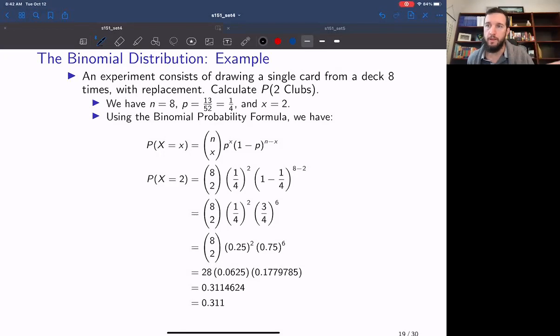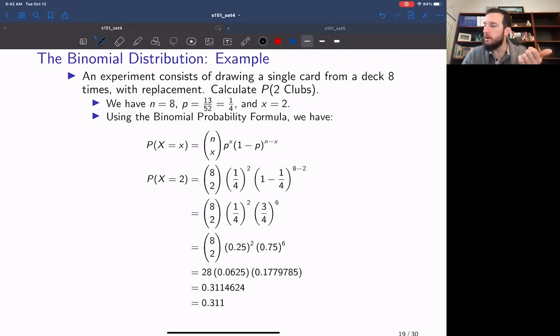The with-replacement aspect is crucial to making each of the trials Bernoulli. If you were not replacing the card, you would change the probabilities of success on each subsequent outcome. That would make the probability of success not constant, and it would make the trials dependent. So we have to use replacement here in order for the trials to be independent and have the same probability of success.